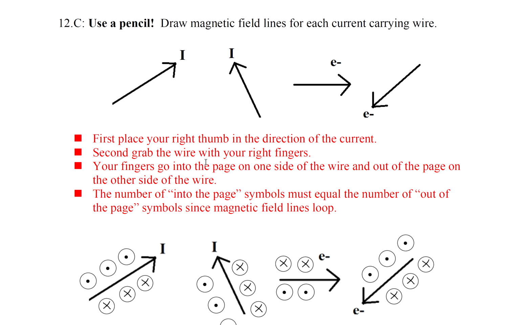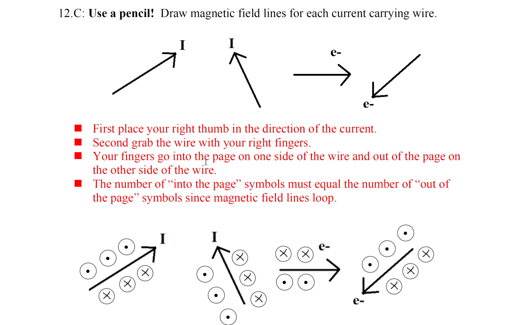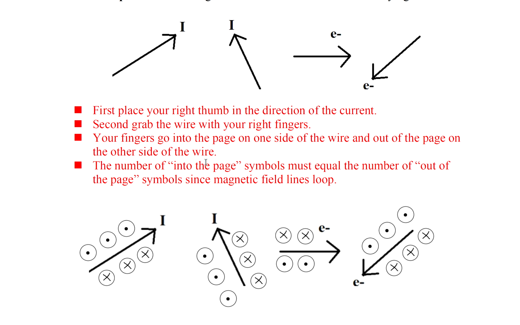The number of into the page symbols must equal the number of out of the page symbols, since magnetic field lines loop. And you could see the direction of electron flow is going to be opposite to the direction of current flow, because current is the flow of positive charge.